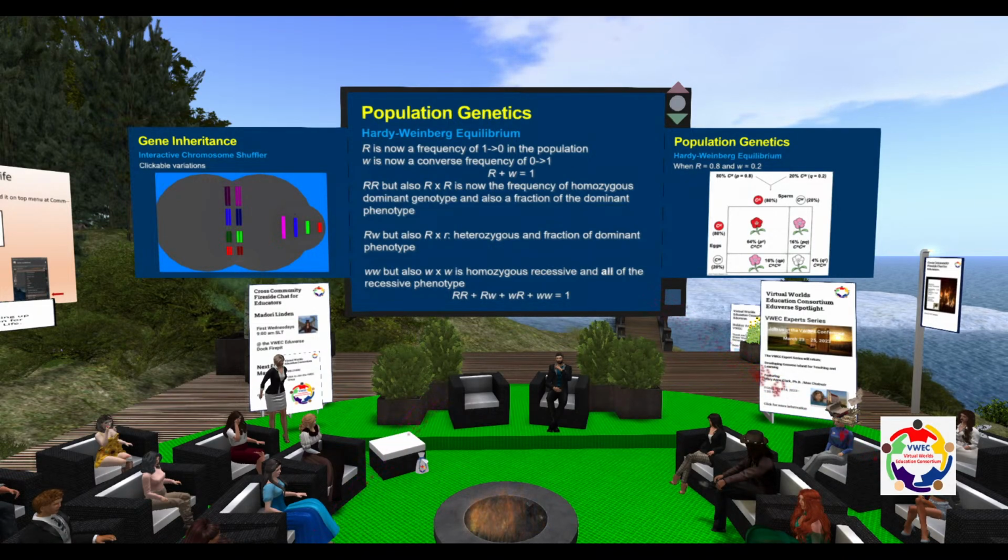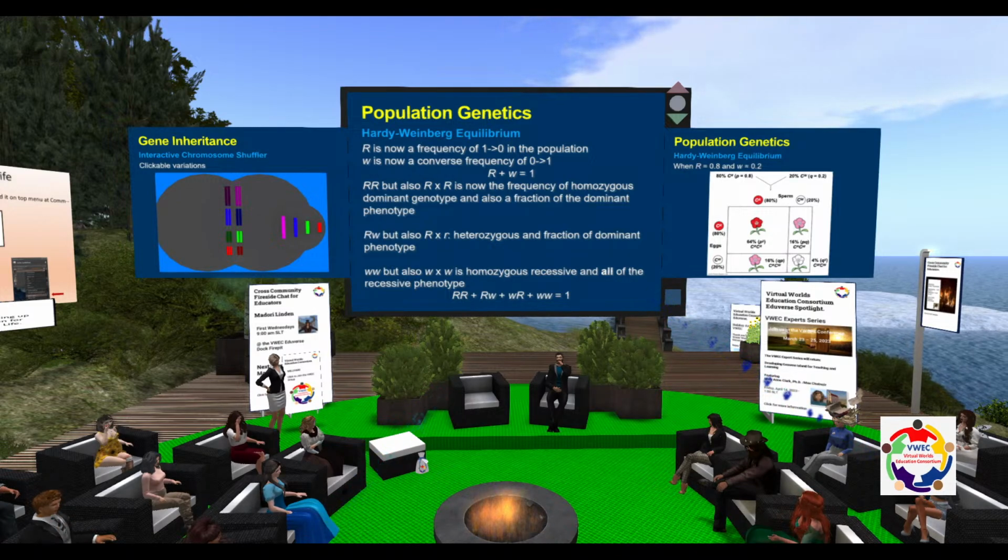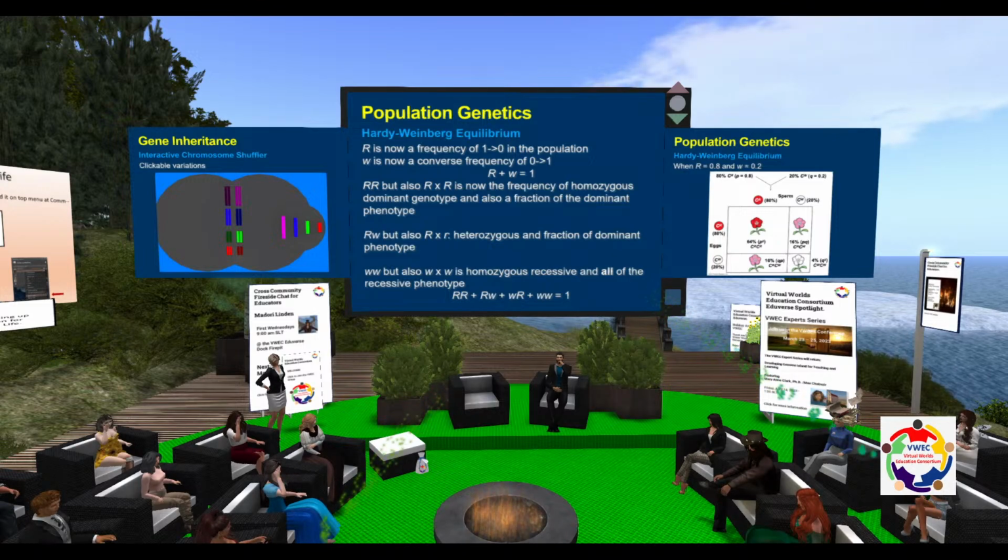So now not just one individual, but whole populations of individuals. What's interesting about it is that if you count up all the alleles in a population, there's a number, but the frequency of the dominant allele versus the recessive allele is always going to equal 1, right? The frequency total is 1.